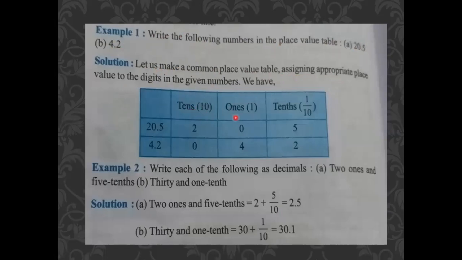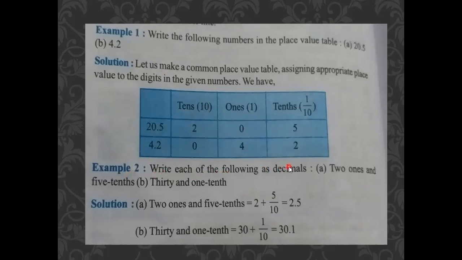Here, tens, ones, and tenths, according to the numbers in the question, 20.5 and 4.2. For 20.5, 2 tens are there, 0 ones are there, and 5 tenths are there. Same way 4.2. Here tens are not there, so you write 0, then 4 ones and 2 tenths. This is the way you can show it in the place value table.